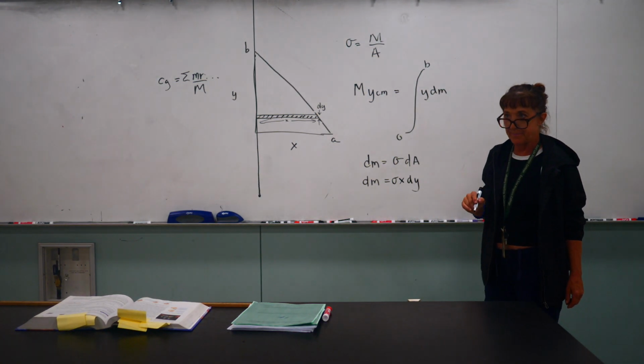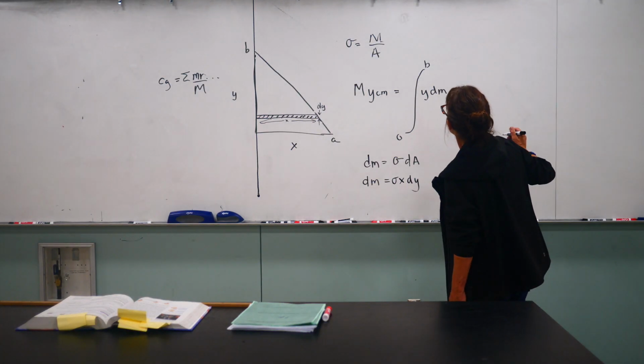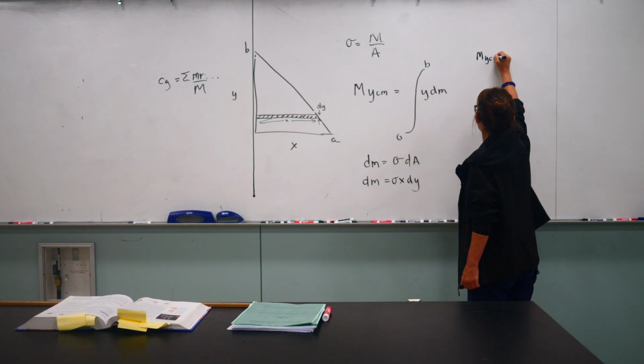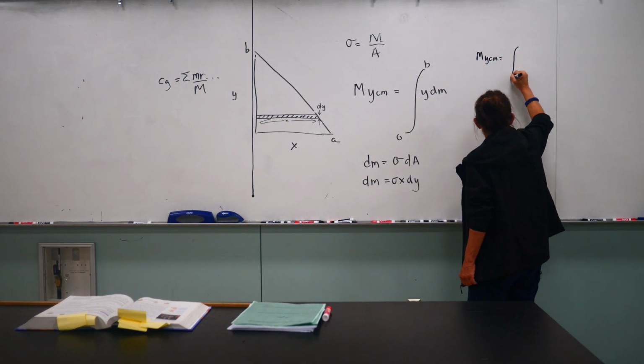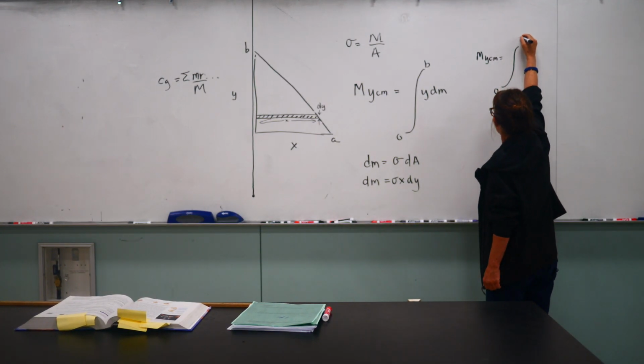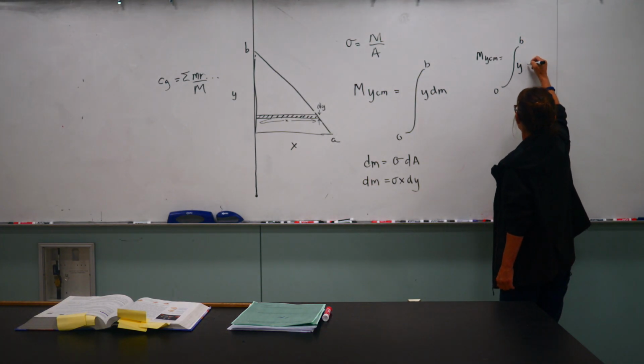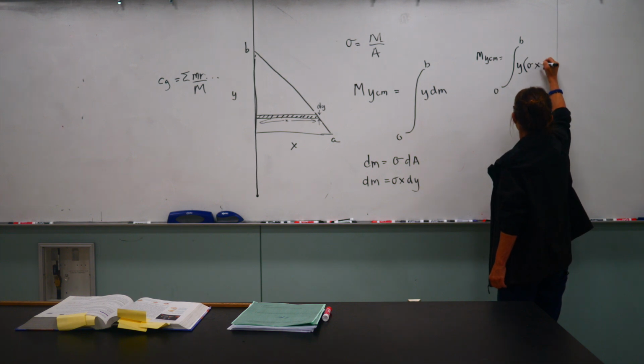Does that make sense? Okay, very good. So we have M times y center of mass equals the integral from 0 to B of y times sigma x dy.